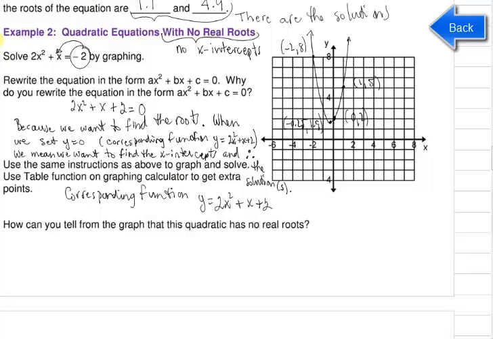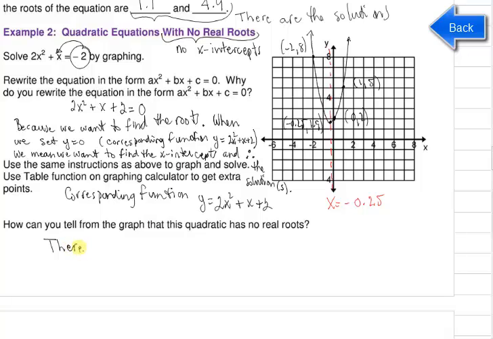Let's draw in our axis of symmetry, which goes through where x is equal to -0.25. So draw a dotted line through that and label x equals -0.25. So, how can you tell from the graph that this quadratic has no real roots? Well, you can tell by noticing that you have no x-intercepts on your graph.